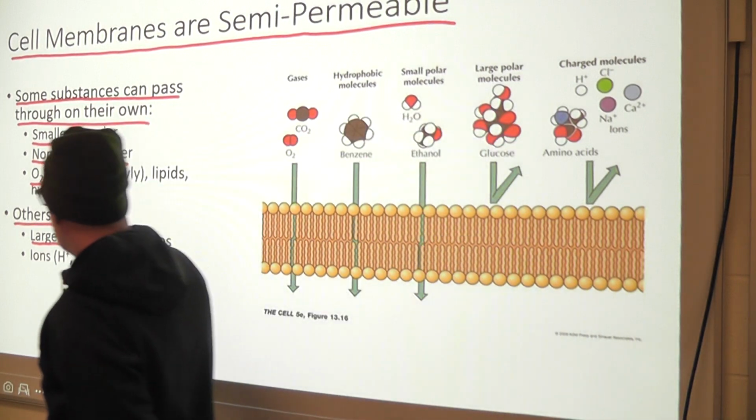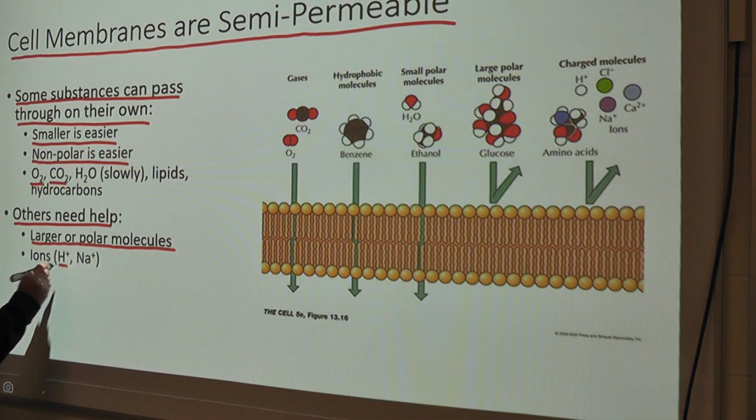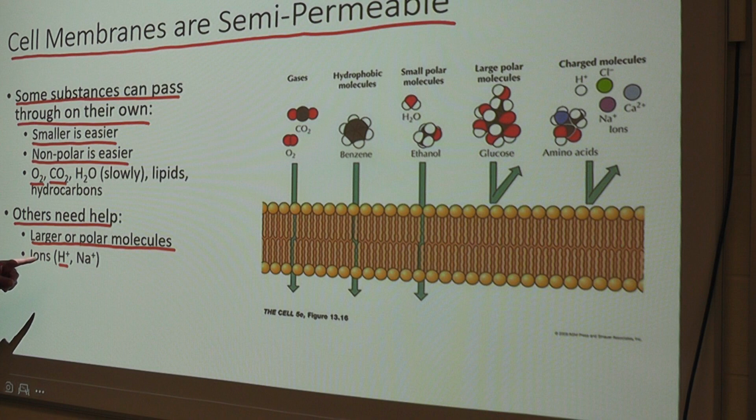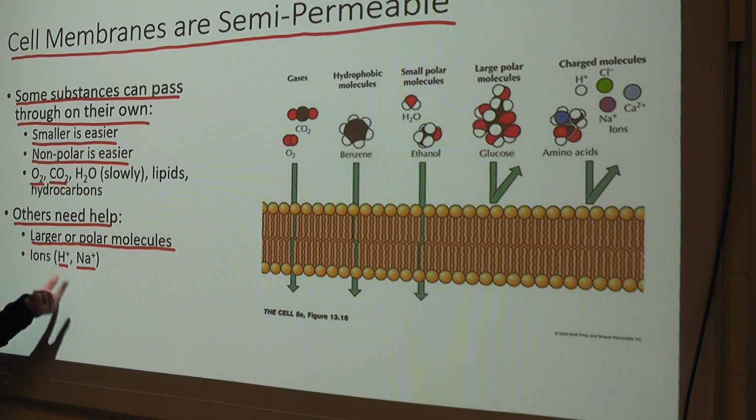Things like hydrogen ions. Those of you who know a little bit of chemistry know a hydrogen ion is a proton, one single proton. And this right here, Na, is sodium. Sodium ions cannot move in or out of a cell membrane. And it's a really good thing that they can't, because as it turns out, the fact that these things can't go through is what allows life to exist on this planet.